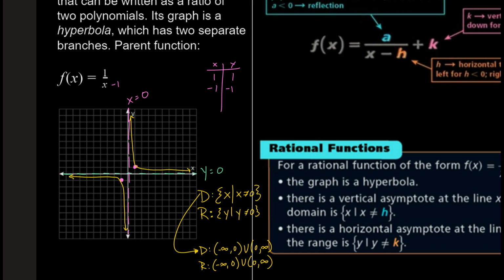The asymptote. Which asymptote? Think about it. If it's moved left and right, which asymptote moves? The one that is horizontal or vertical? Vertical, yes.